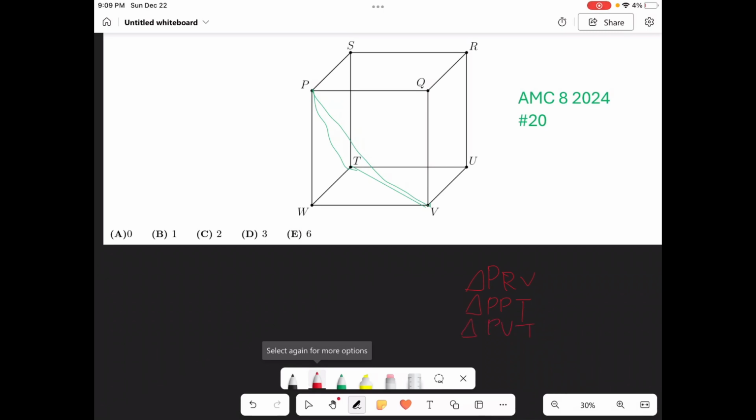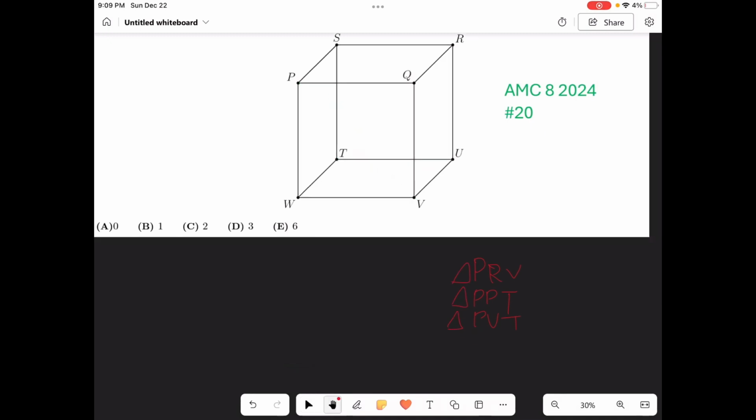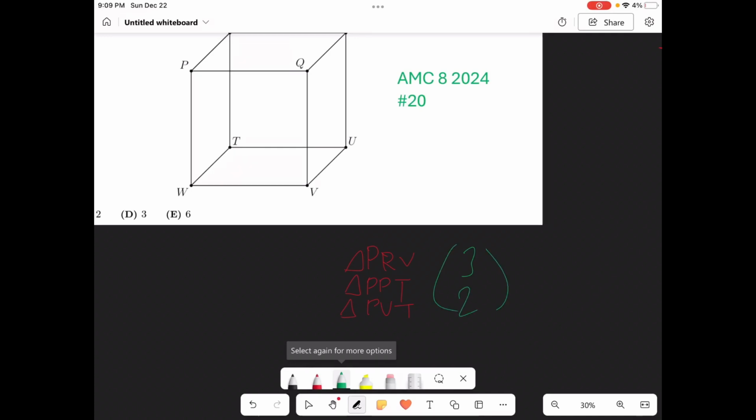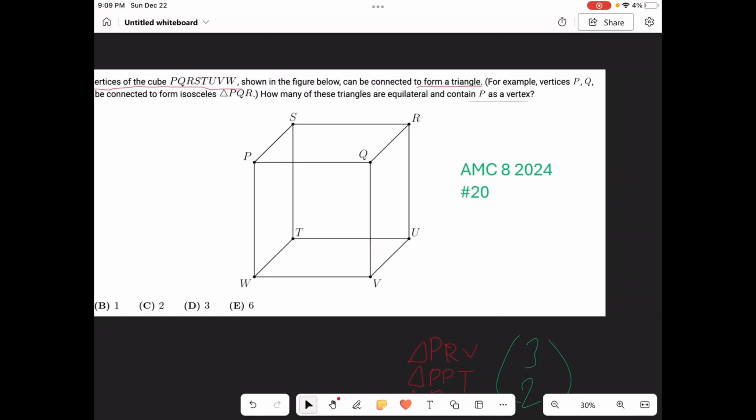Are there any more combinations? How can we check this? We can't just spend time guessing and checking because that will take too much time, and remember, we don't have much time on this exam. So instead we can do 3 choose 2. You may be asking why 3? That's because P doesn't count, since it's part of any combination anyway.